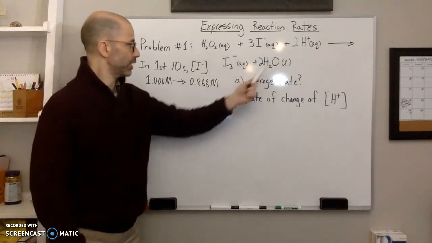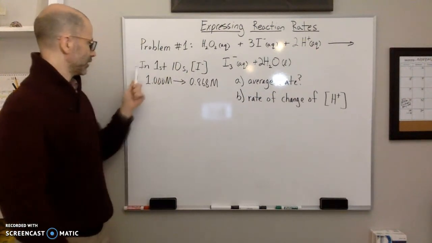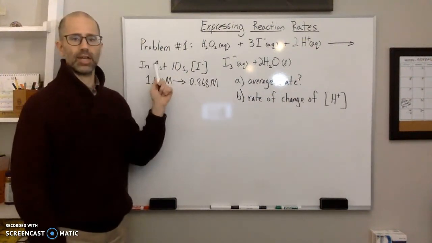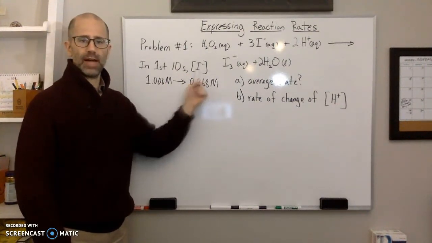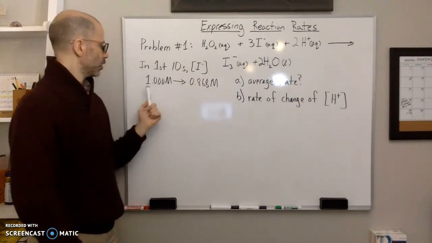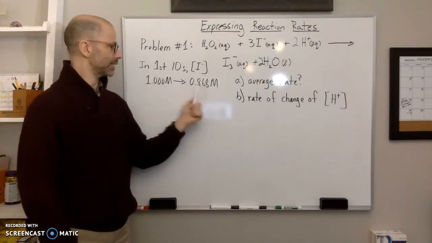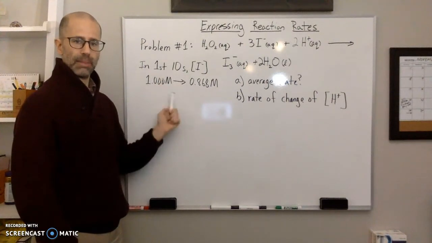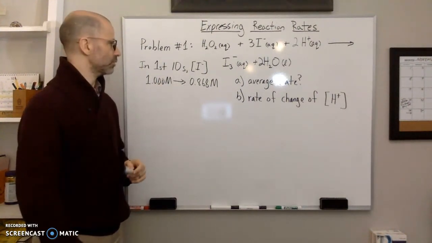So here's our reaction. And in addition to that reaction, they say that in the first 10 seconds of this reaction, the concentration of iodine ion goes from 1.00 molar to 0.868 molar. So in this time period, you get this change in the concentration of iodine.